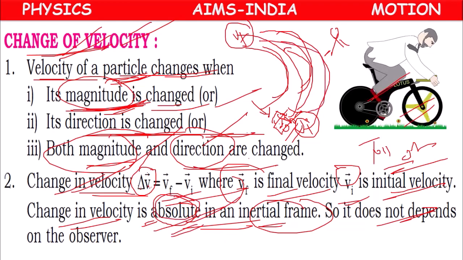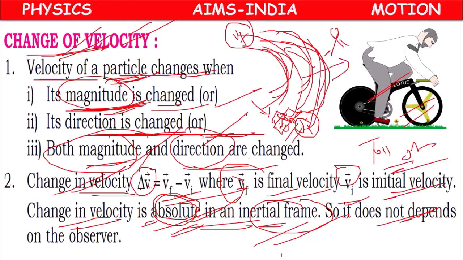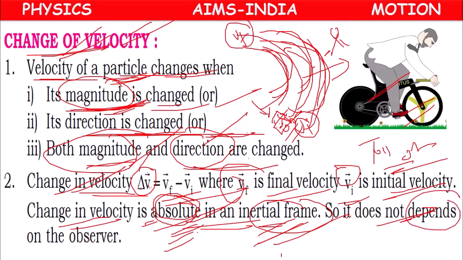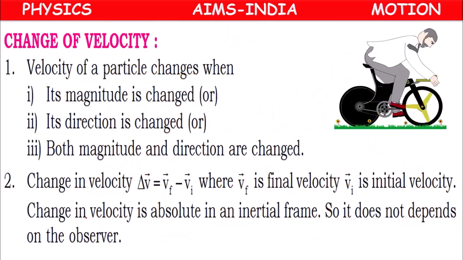Change in velocity is fixed because this frame is an inertial frame. This outer ring road is a fixed frame, it is not moving, so it's considered an inertial frame. So in an inertial frame, change in velocity is an absolute term, meaning it does not depend on the observer. For everybody, the value of change in velocity will be the same. From person to person, it won't change.